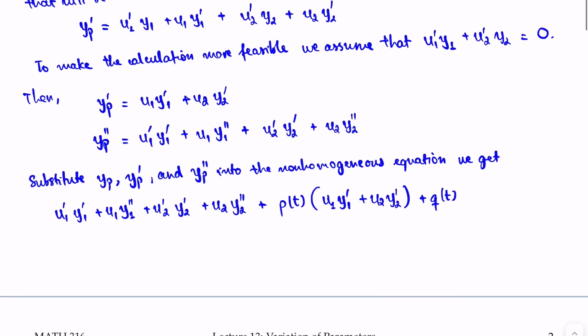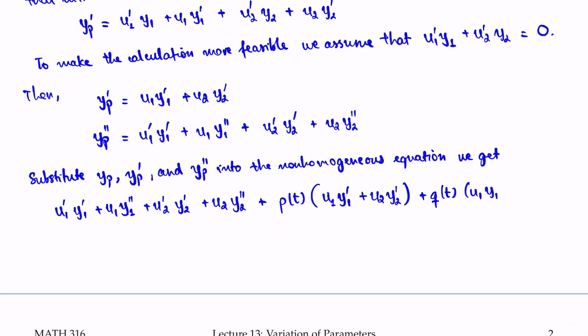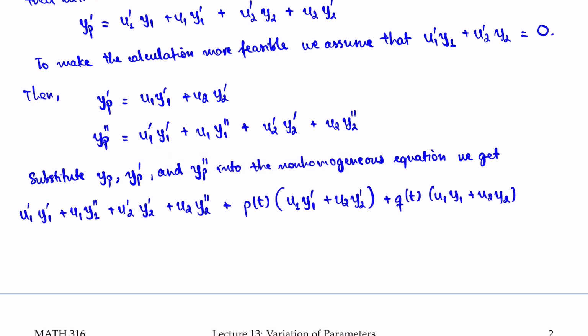So that is u1 y1 plus u2 y2, and equal to the right hand side, which is g of t. So I'm going to move this to the left hand side a little bit. So this is equal to g of t.